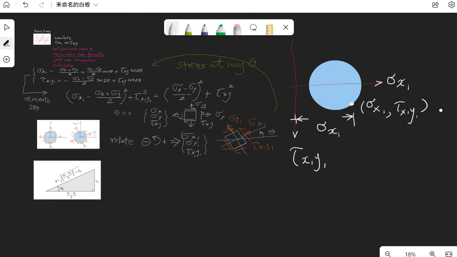So in this case, we will know the distance here. The distance should be equal to tau x1 y1.